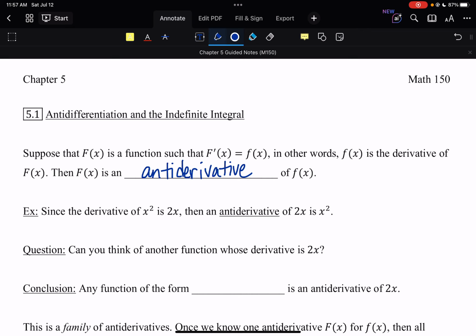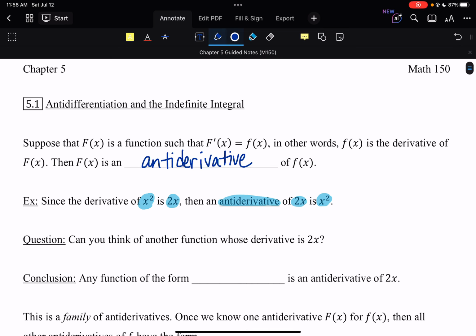Okay, so the derivative of big F is little f, so the antiderivative of little f is big F, right? So we're just going backwards based off of what we're used to. For example, the derivative of x squared is 2x, so the antiderivative of 2x is x squared.